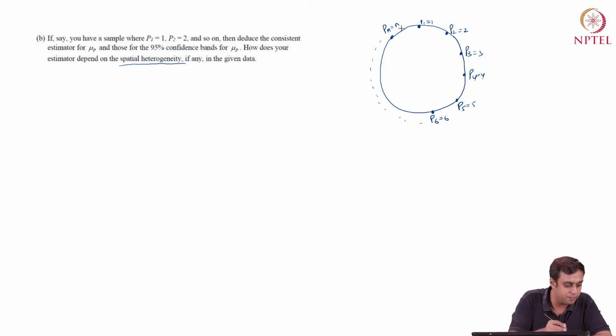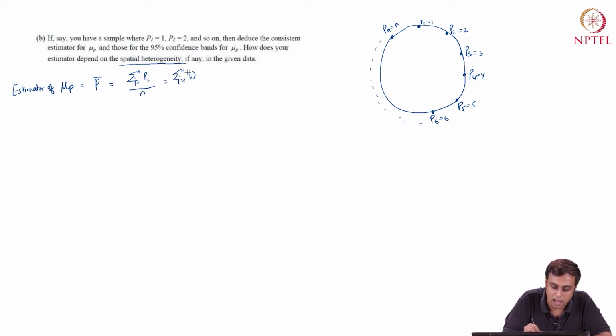They're asking me what is the estimator of mu p. Well, we have learned earlier the best guess of mu p from a given sample is just p bar, which is the summation i equals 1 to n of pi over n, and this is going to be nothing but the summation i equals 1 to n of i over n.